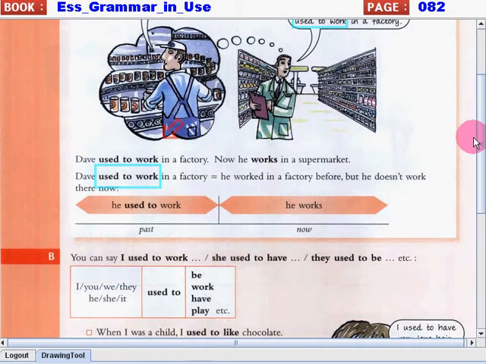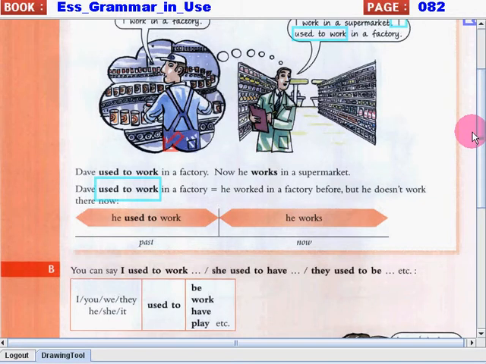Now, let's discuss the structure of making sentences using "used to." We can say "I used to work," "she used to have," "they used to be." The first one is about verbs: someone used to do something, so we have the main verb here.